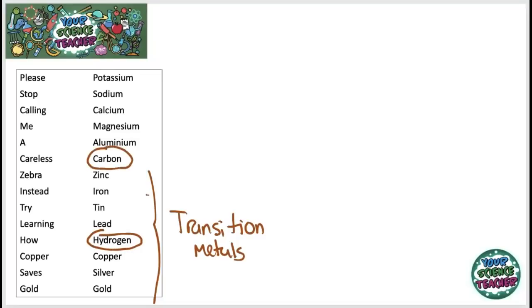This is important because I can use these 2 elements in order to extract some of these metals from their ores. For example, iron oxide, which is a metal ore, I can use carbon to extract it from its ore, making iron and carbon dioxide.